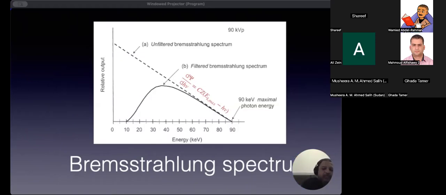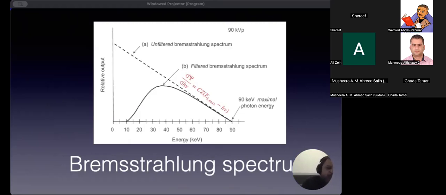And this is the maximum energy, because the maximum potential used to accelerate the electrons is 90 kV peak. So the maximum energy we're expecting of the photons coming out will be 90 keV. But the fluence density of the beam is going to follow this straight line, and this can be described by this linear relationship.